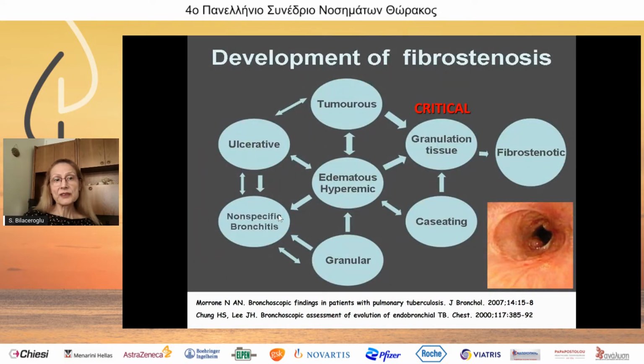All of these different forms of endobronchial tuberculosis can progress to each other. But the critical point is the development of granulation tissue. If granulation tissue occurs, then a fibrostenotic airway is inescapable.